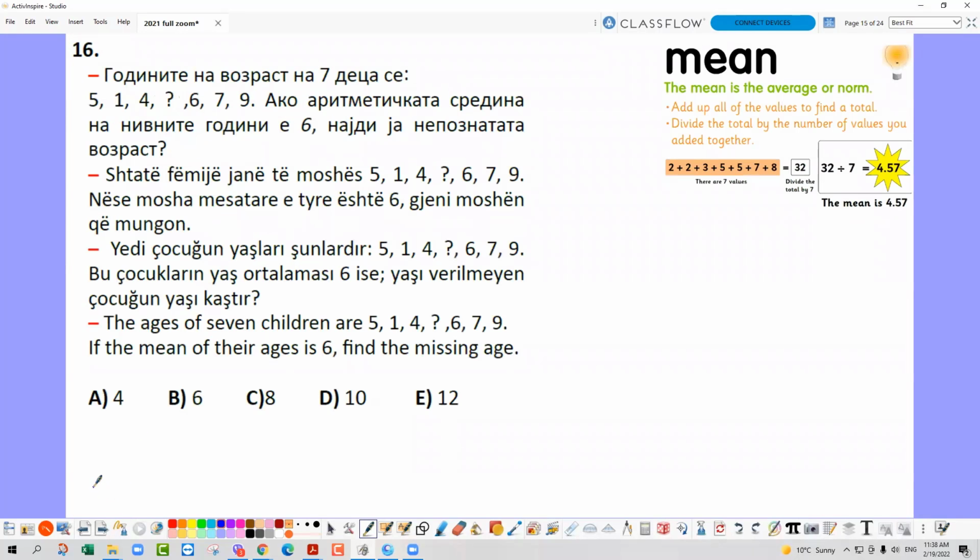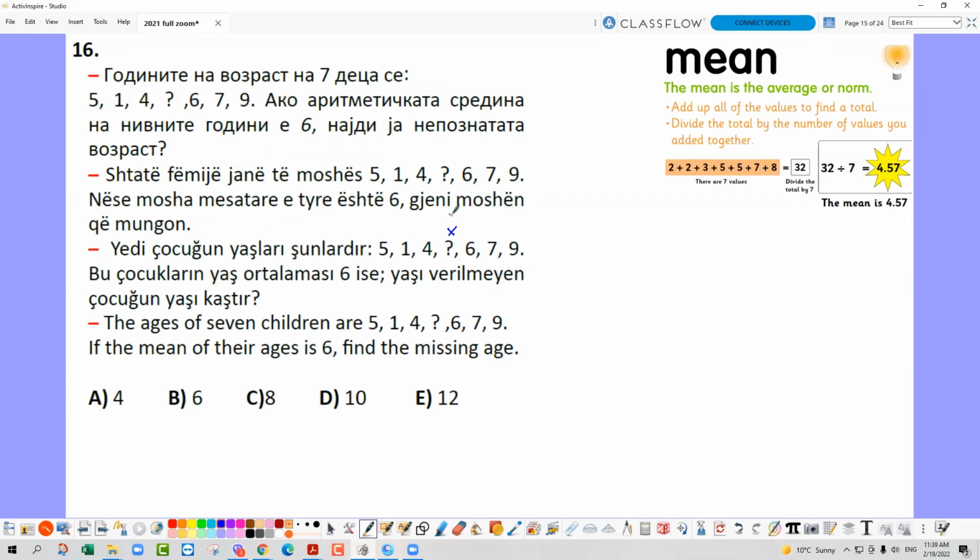Okay, let's continue with the mean. Here I wrote the general definition of the mean. Mean is an average of the given numbers. Here there are 7 numbers. It is a coincidence, here we also have 7 numbers.